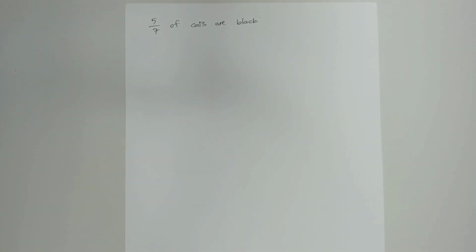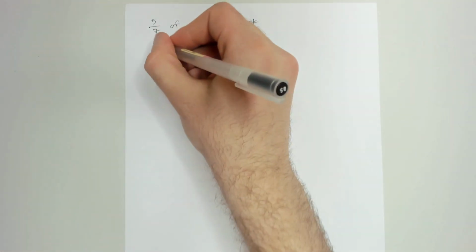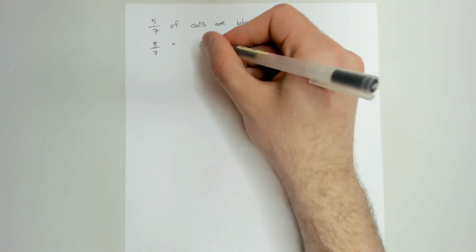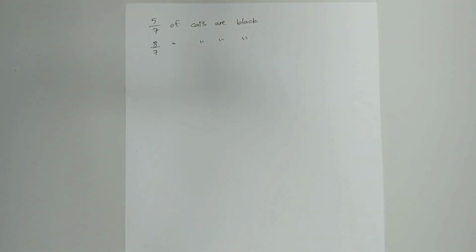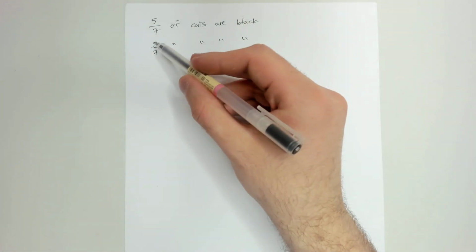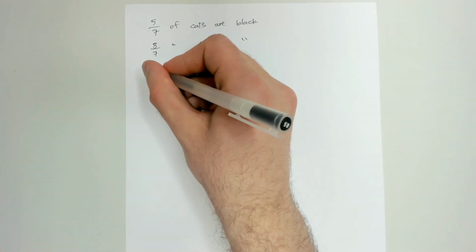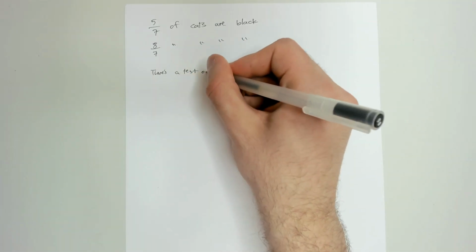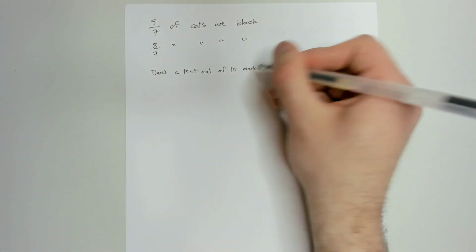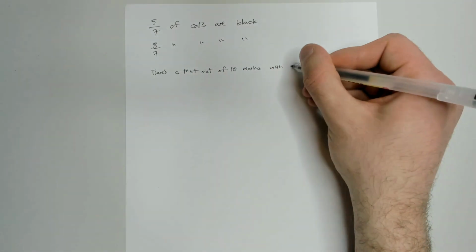And this perspective doesn't really allow us to consider things like 8/7 of the cats are black. That doesn't really make sense because you can't have more than the amount of cats that you're working with, right? But what we could consider is something like there's a test out of 10 marks with 1 bonus question.